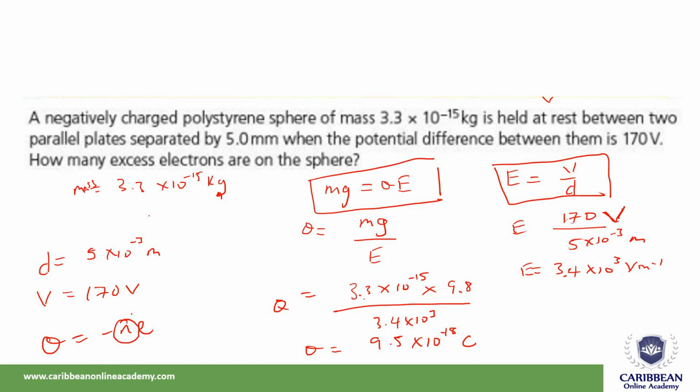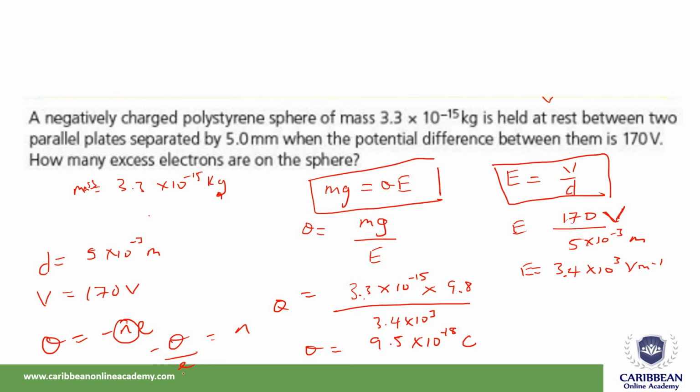So by taking the charge and dividing it by the charge of an electron, if we say Q divided by E, that will tell us what N is.